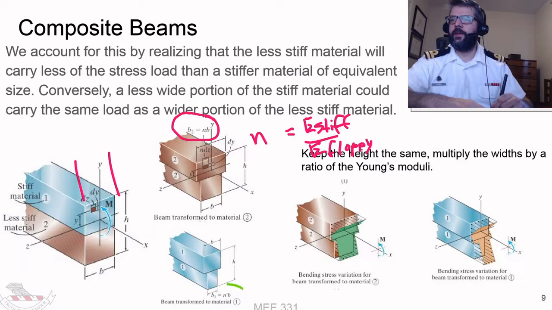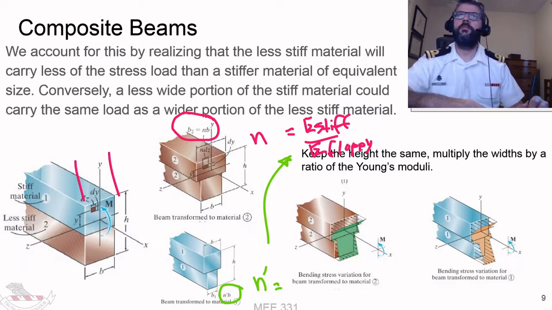And then down here they're using n prime, which is just the inverse of that, so either way works.